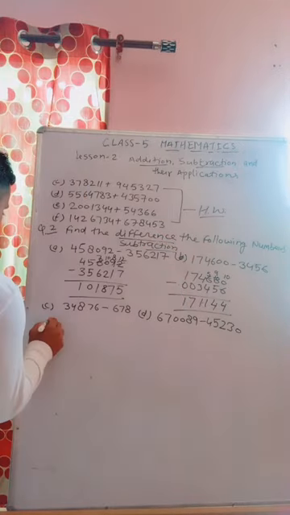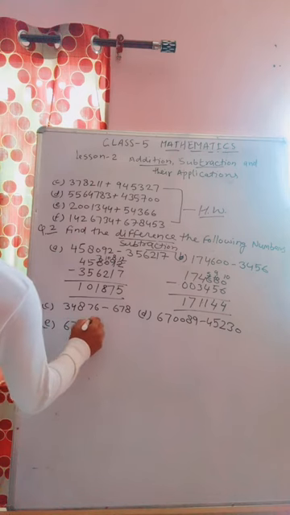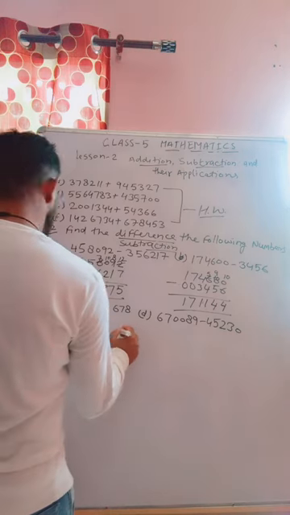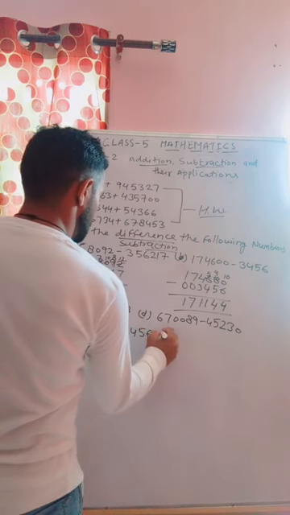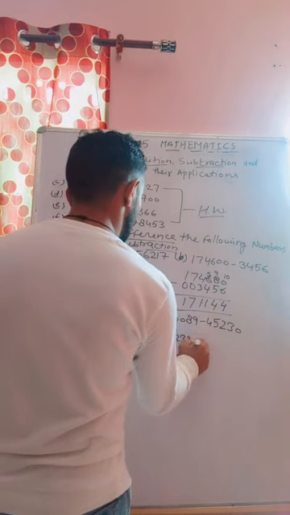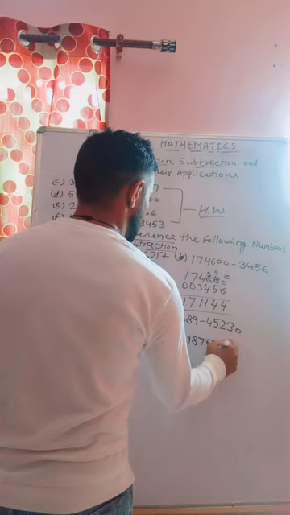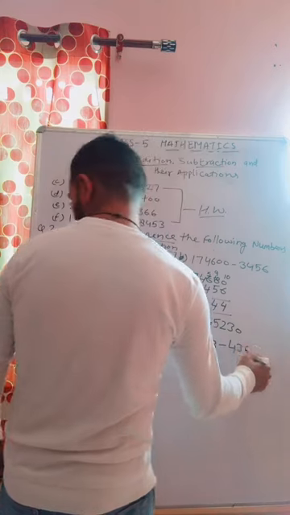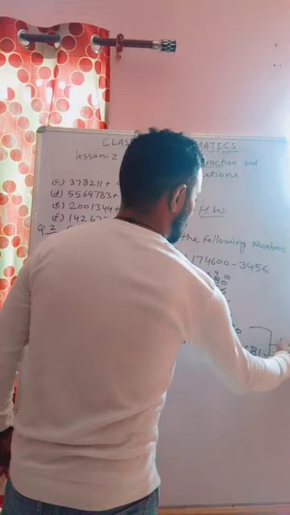Okay, E point is 6 7 3 9 8 subtract 2 3 4 5 6. And F point is 2 3 9 8 7 6 8 subtract 4 3 6 8 1. And this is your homework.